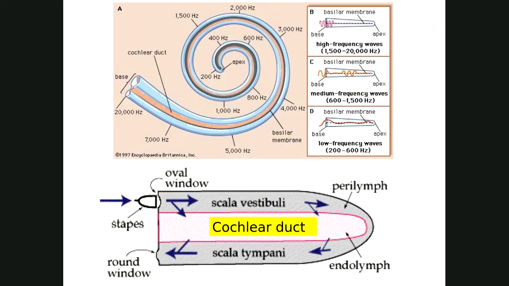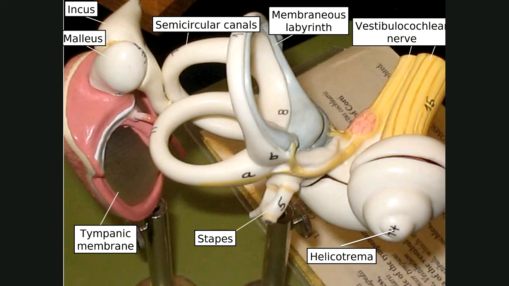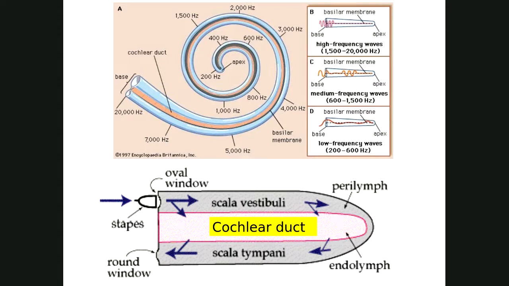Okay, well, let's talk about how hearing works. So remember we have this cochlea. So here's our cochlea. And remember it's shaped like a snail. Well, remember we have a bony labyrinth, and inside there we have a membranous labyrinth. And so when you look at it, it looks like this. So out here is the bony labyrinth, and then in here is this membranous labyrinth.